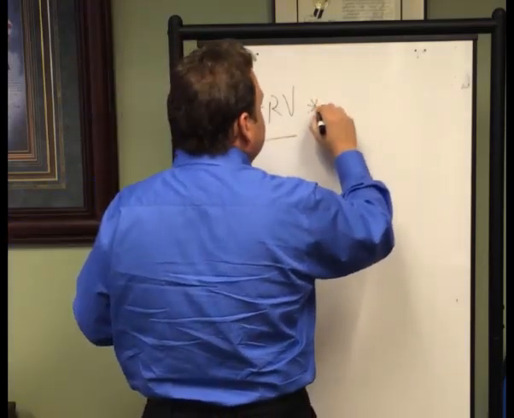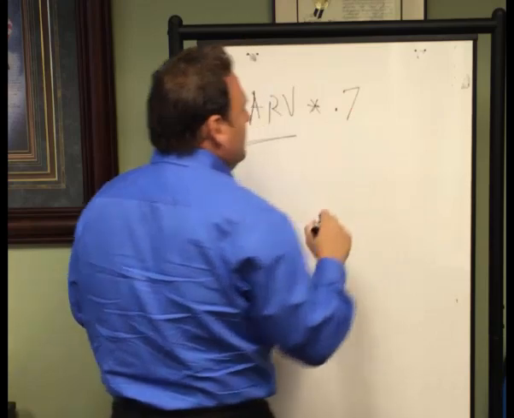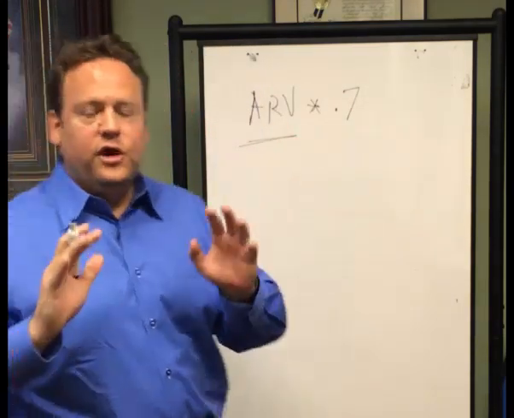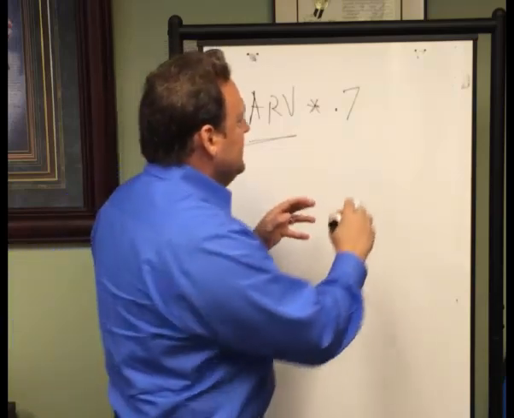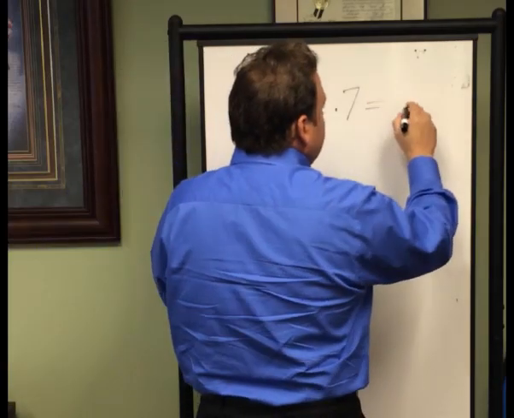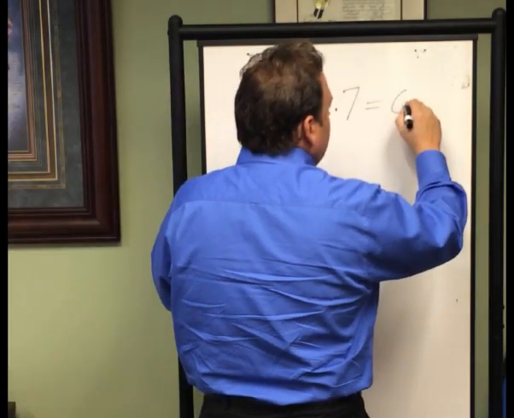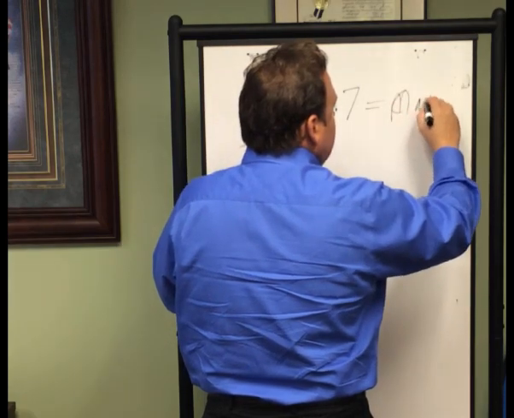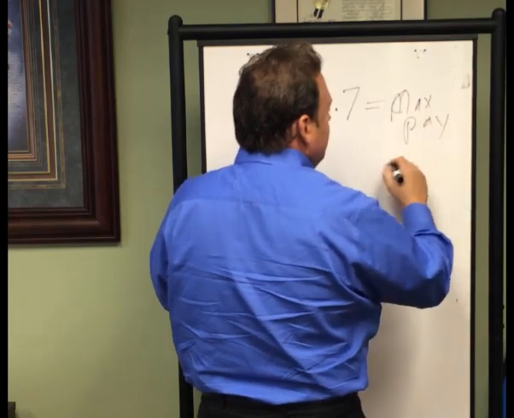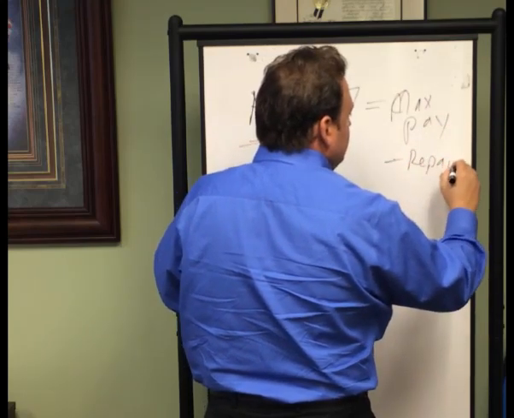You do times generally 0.7, and that gives you a 30% margin for gross profit. And I say gross profit because the number there is the maximum you want to pay, the 70% minus repairs.